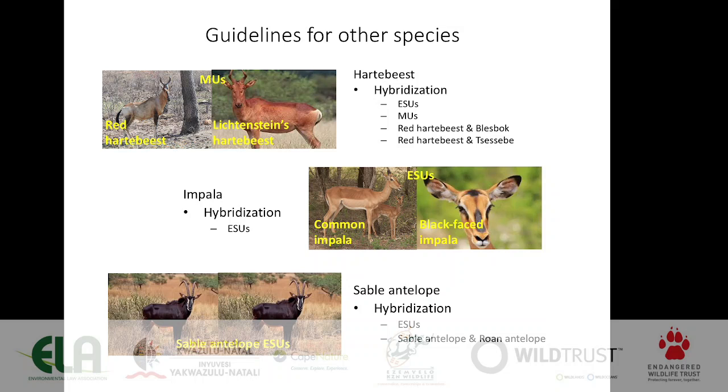There should be no imports of sable from countries containing the other ESUs. There should be no translocations between MUs within the southern ESU, and captive bred animals and those on private ranches must be genetically tested before translocation to ensure no admixture between the ESUs. And then another hybridization threat to sable is hybridizing with roan antelope.